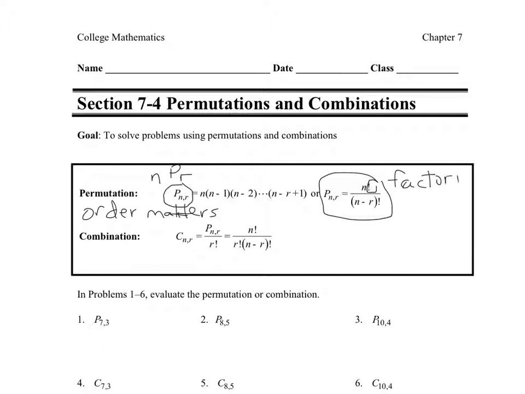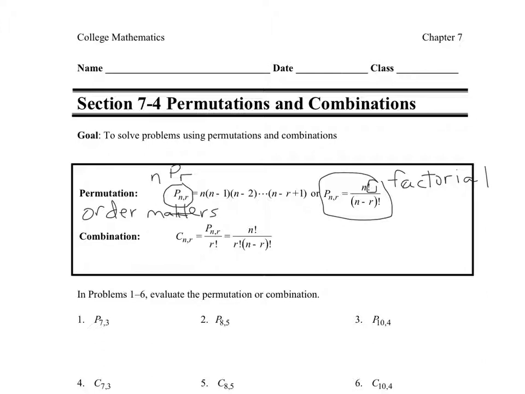N factorial. And what that simply means is that we would take all the numbers from n and count our way down until we get to 1, and then we would multiply them together.